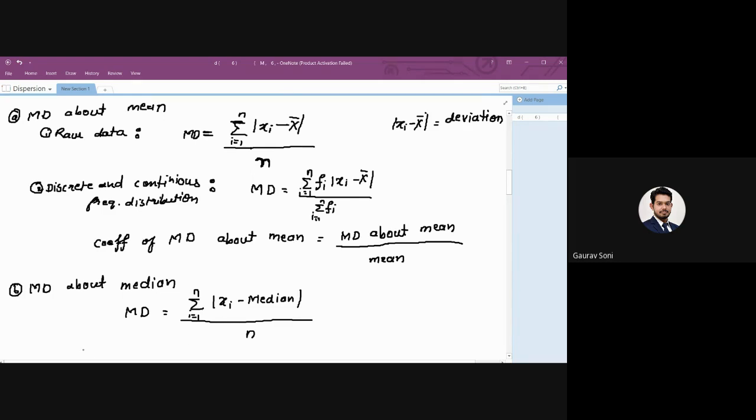Coefficient of mean deviation about median is equal to mean deviation about median upon median. Same thing you can write about the mode.